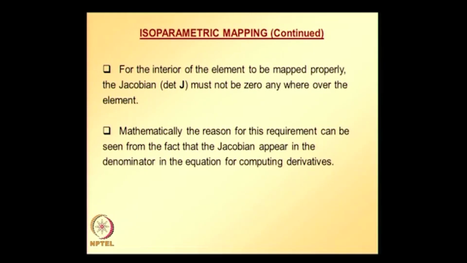Mathematically, the reason for this can be seen from the fact that Jacobian appears in the denominator in the equation for computing derivatives with respect to x and y.